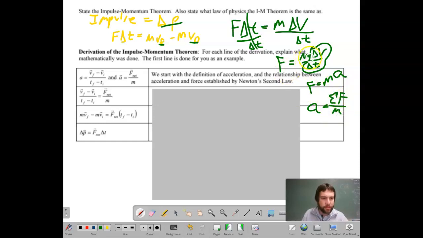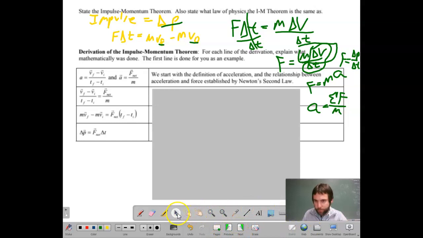So this version right here, m times delta v, it could be F equals delta p over delta t, right? And this is actually how Isaac Newton used his formula in his book, Principia.